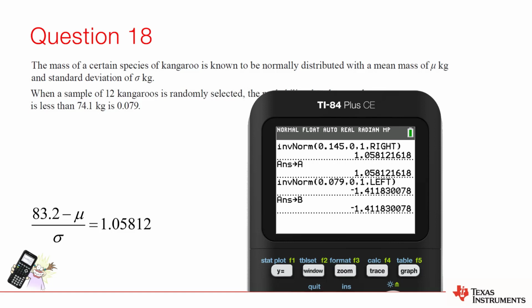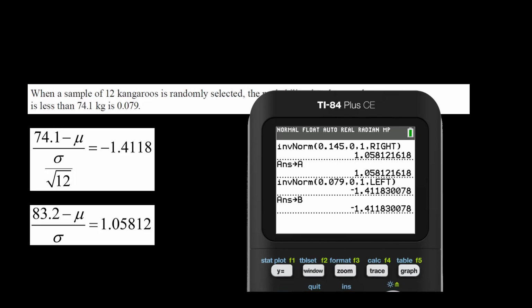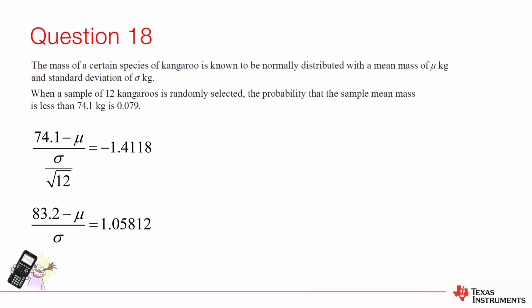Now I can write the second equation: (74.1 minus mu) divided by (sigma over root 12) equals negative 1.4118. I need to solve these equations simultaneously.